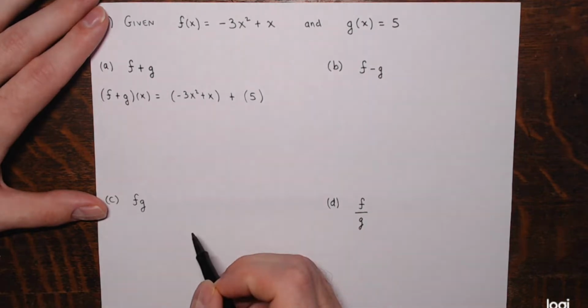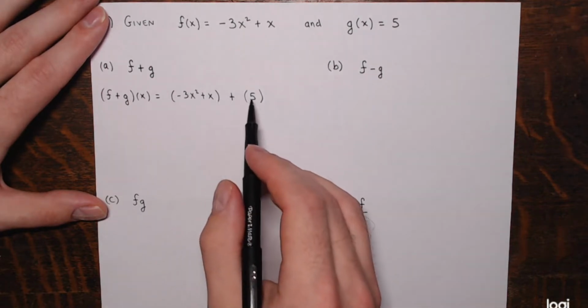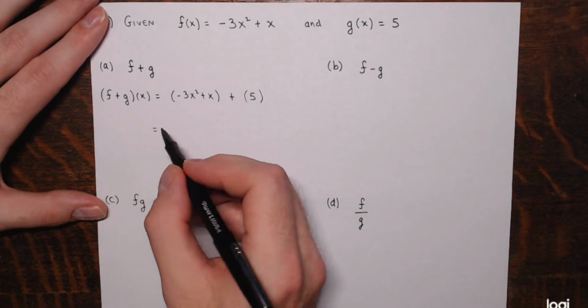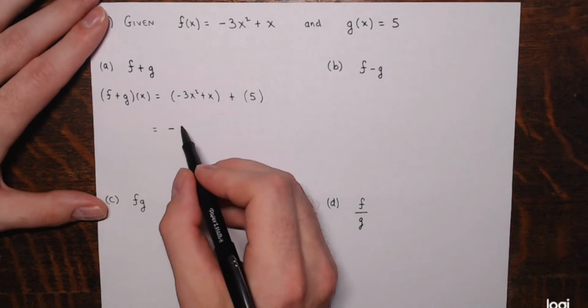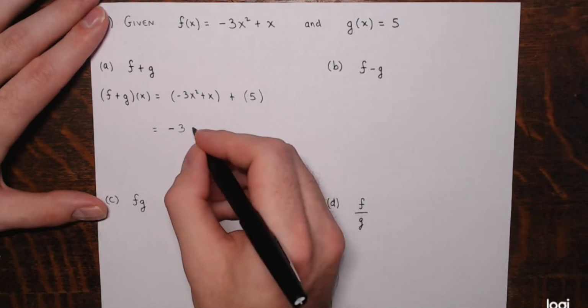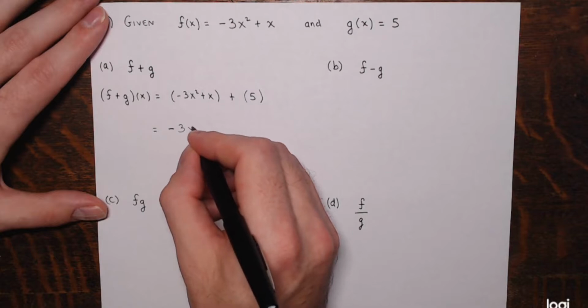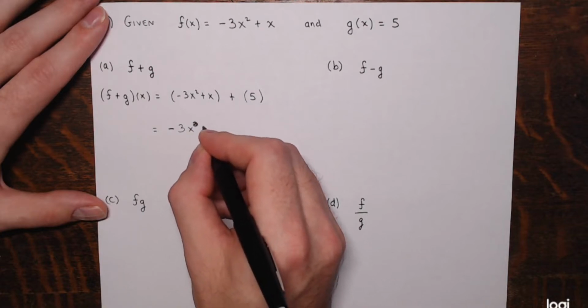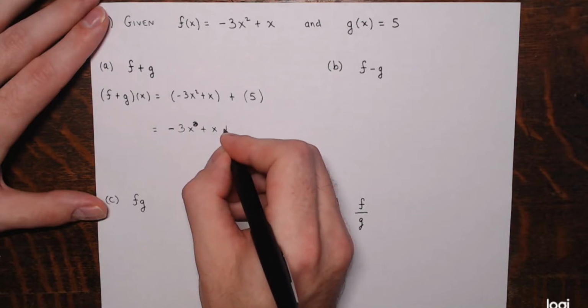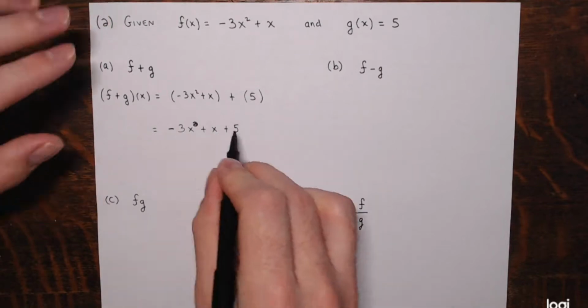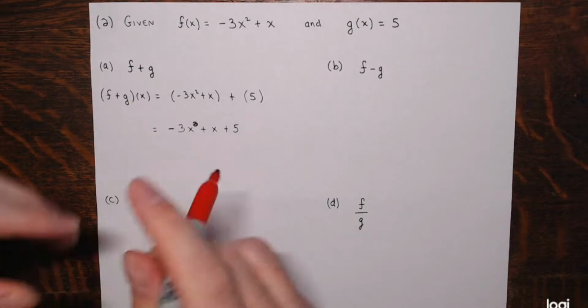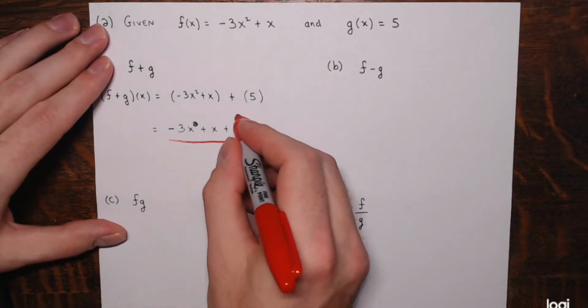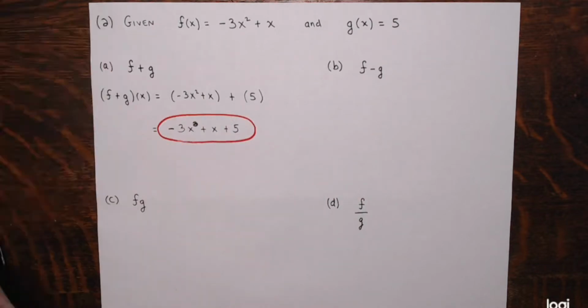And there's nothing to do, nothing to combine here, so that's it. This is the resulting simplified function f plus g. F plus g of x would be negative 3x squared plus x plus 5. And that's how you would calculate the output for this new function called f plus g with an input of x.